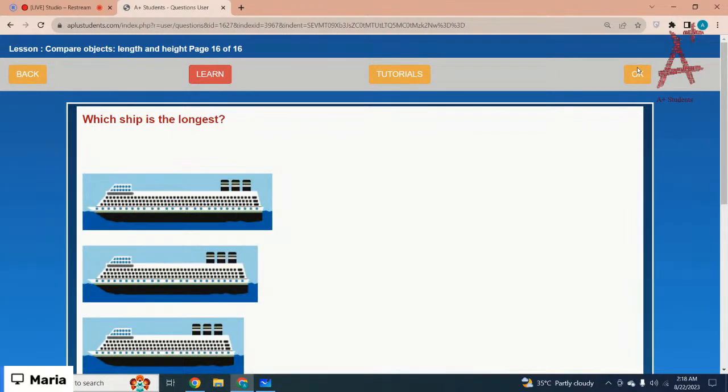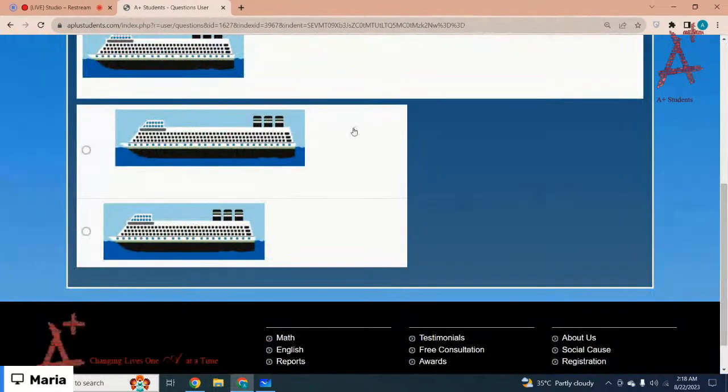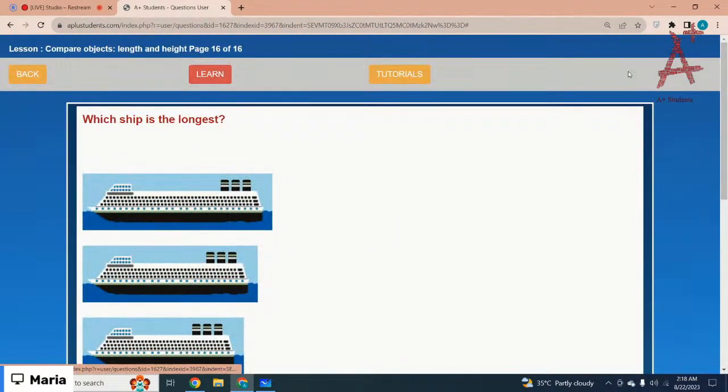Which ship is the longest? Option number 1 is the correct option, right? So we are done with the lesson. Let's just start with the next lesson.